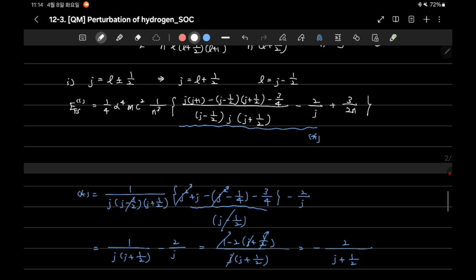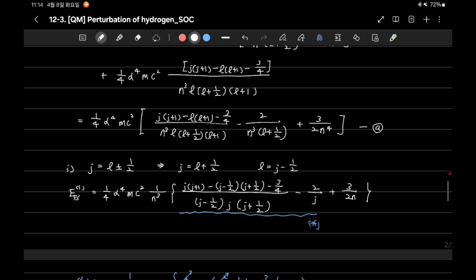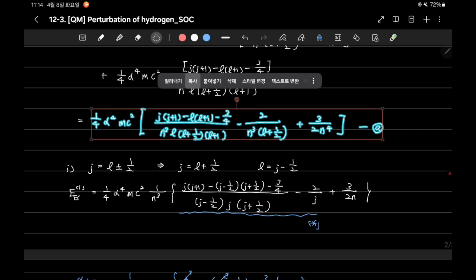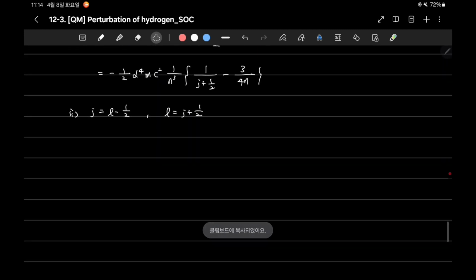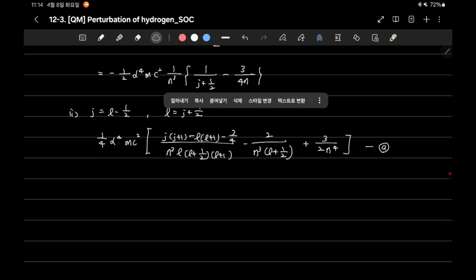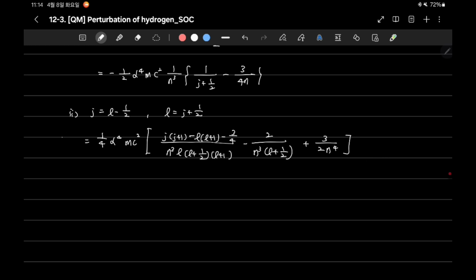And let me see this equation A. Fine structure first order, because it is 1/4 alpha to the 4 mc square, 1 over n cube.